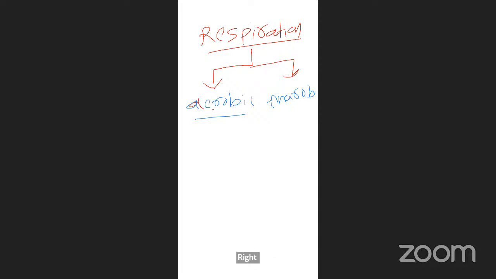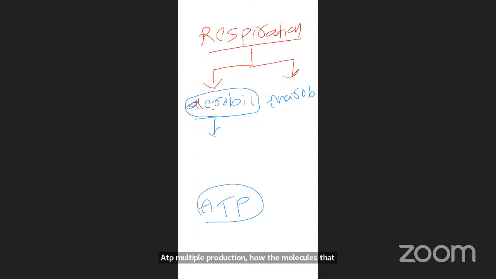What is aerobic? What is the end product of aerobic? Carbon dioxide, water, and energy. Just give me the simple answer. ATP molecule production, sir. How are the ATP molecules produced?